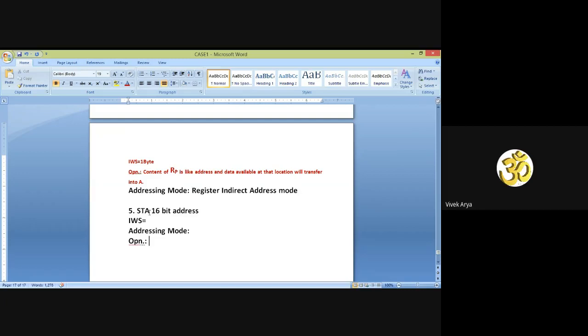Exactly. 1 byte for the opcode and 2 bytes for the 16-bit address, so 1 plus 2 becomes 3 bytes. The IWS for this instruction is 3 bytes, and the addressing mode is direct addressing mode.